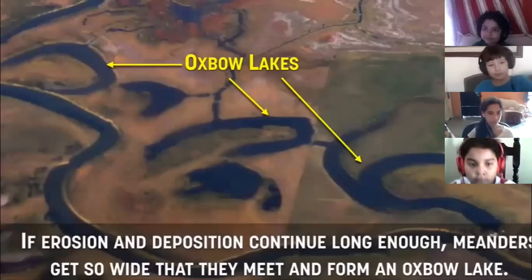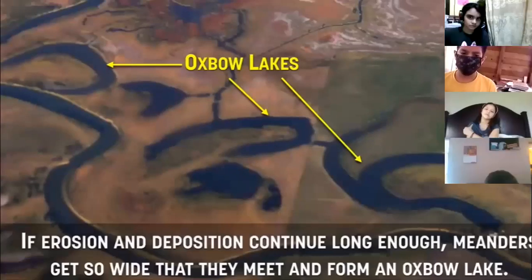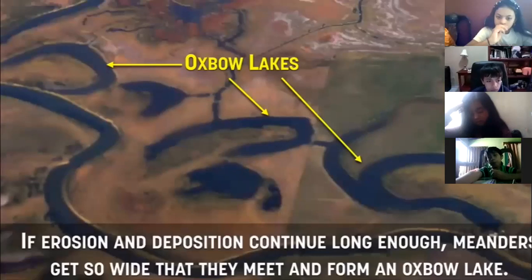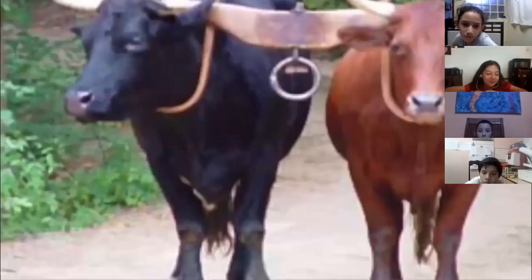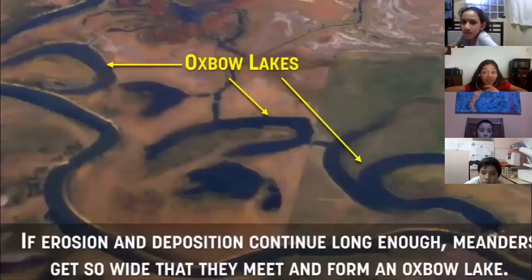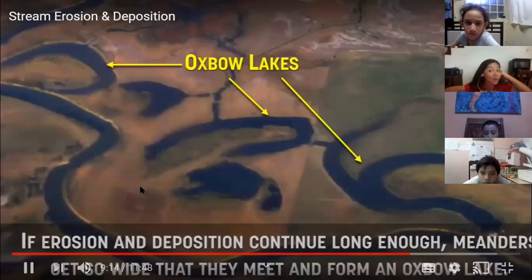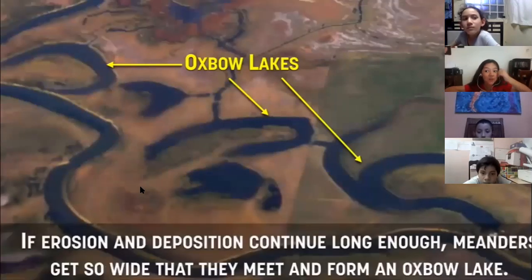And they form these structures called oxbow lakes. If you think of an ox, it has that yoke around its neck, that's where they get the name from. So here are a couple of oxbow lakes, which were part of the river system. They were meanders, they were turns, they were bends in the river, but deposition closed them off because of the speed of the water from the rest of the river system.